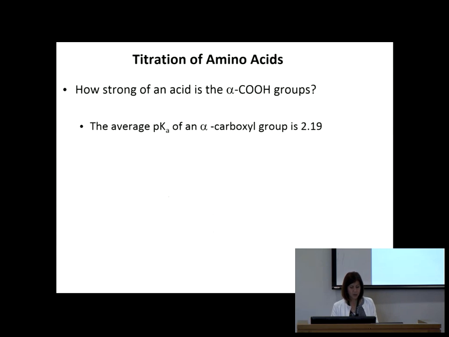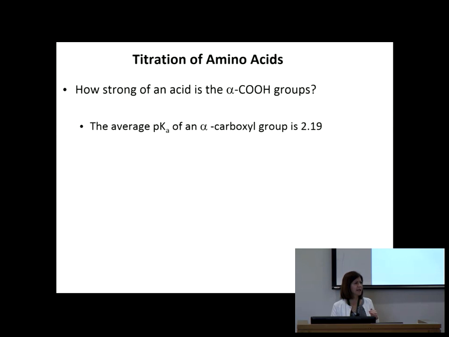But compared to other organic acids, how strong is that carboxyl group on an amino acid? We know, if we take a look at the table that I showed you a few slides ago, the average pKa is 2.19. We look to other pKa's, knowing that a lower pKa means a stronger or weaker acid.